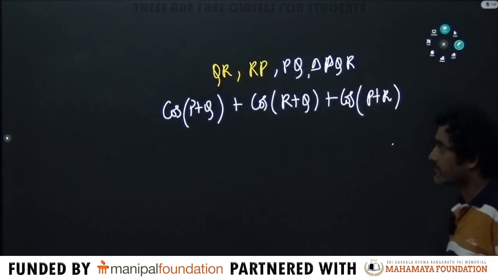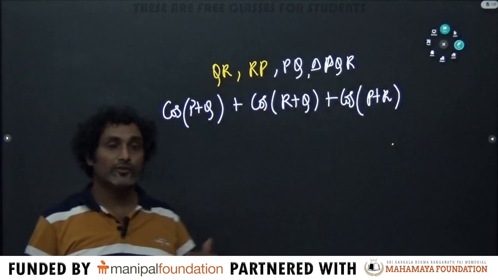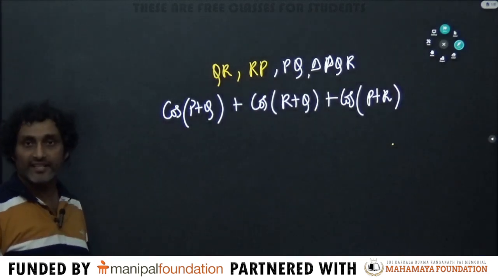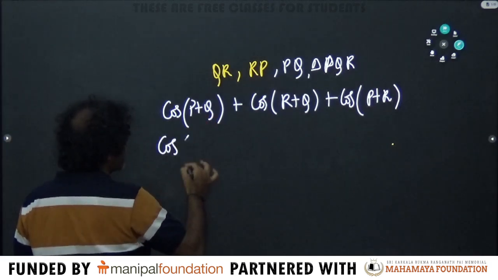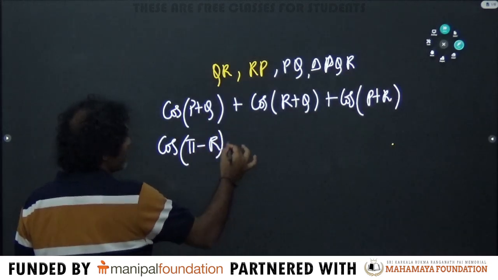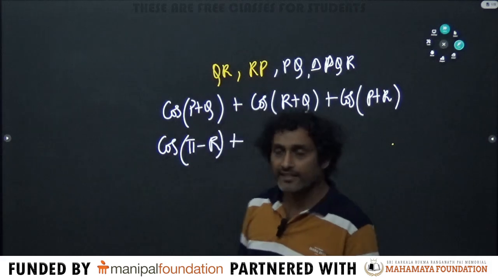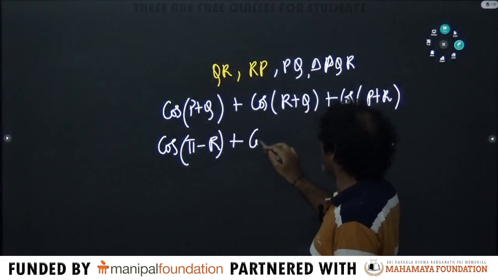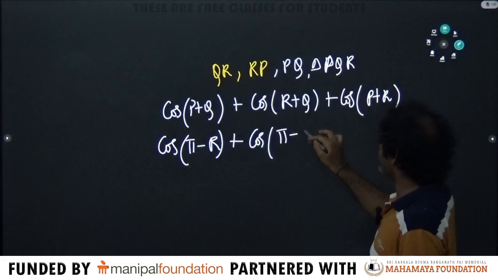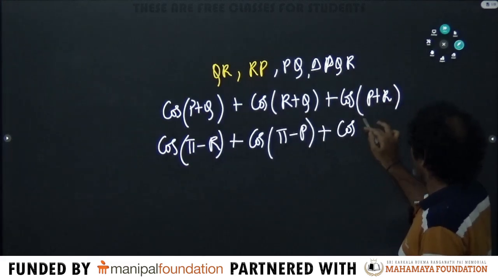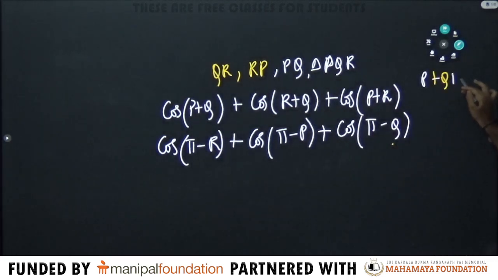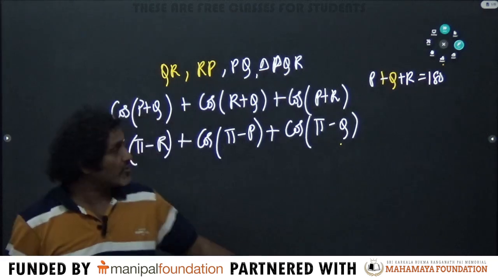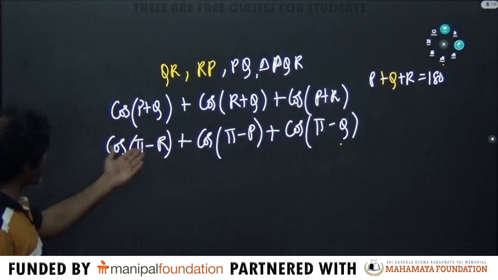Do we know angle P plus Q plus R is 180 degrees, correct? So what is P plus Q? Isn't it cos of 180 minus R? Total is 180, and the remaining you write as 180 minus R. Similarly, 180 minus P and 180 minus Q are the missing ones.